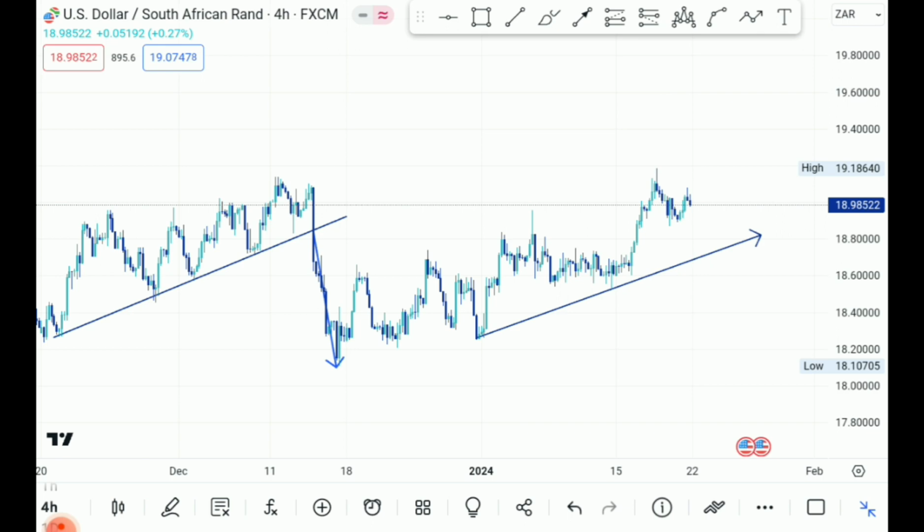But this is a very important point. You don't enter a trade once you get a trend line break. You need to pair it with other price action factors. We'll discuss this later in the next video.